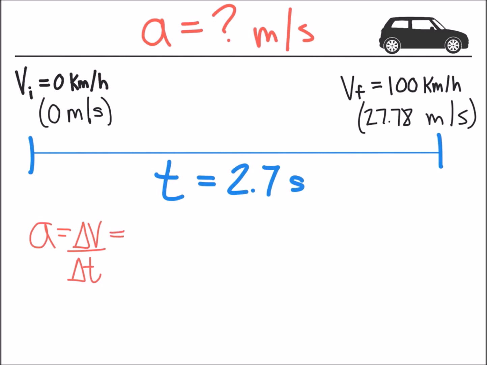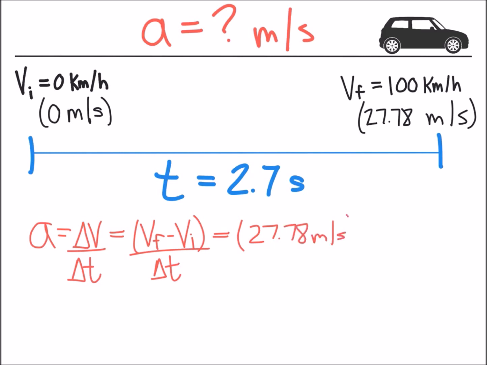We can expand the change in velocity as the final velocity subtract the initial velocity divided by the change in time, and we can substitute our values now. 27.78 meters per second. 0 is the initial velocity, so we don't have to write that, all divided by 2.7 seconds. When we do that calculation, I get a number of 10.29 meters per second squared.